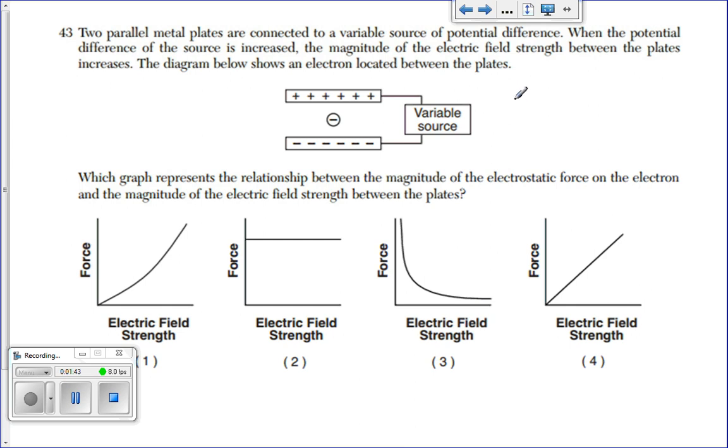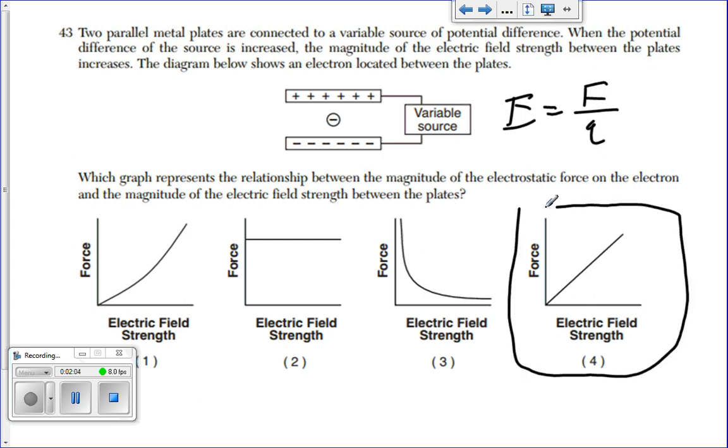And if you remember, electric field equals force over charge. So if you increase field, you will increase force. All right, the stronger your field, the stronger your force. There is nothing squared in this, so we are looking at this guy right here.